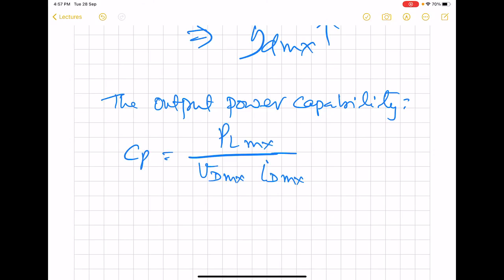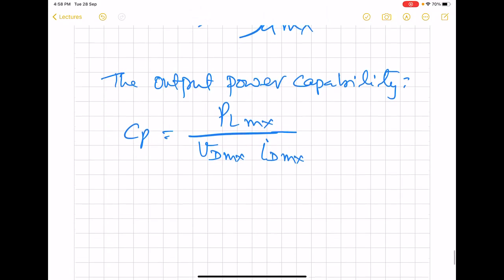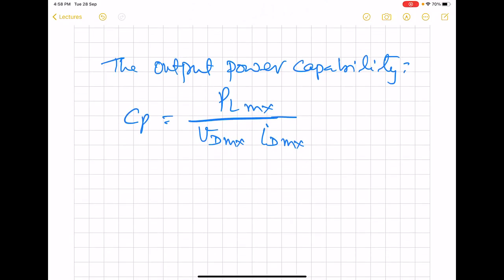So this basically captures how good the power amplifier is at delivering the power to the load. So this number should be higher for any given power amplifier. So now let us try to calculate this parameter for class C.